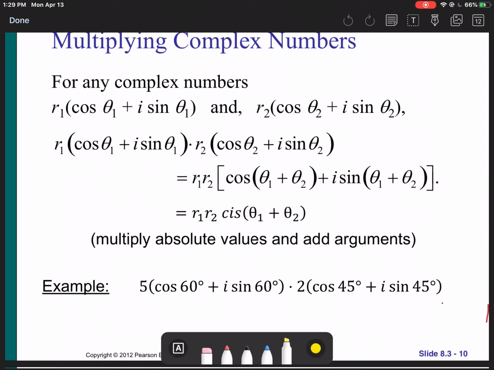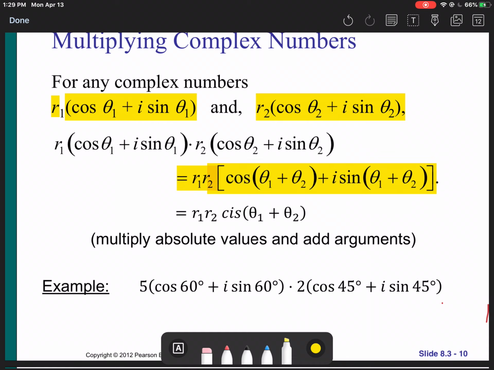Take complex number r1 cosine theta 1 plus i sine theta 1, and a second complex number r2 cosine theta 2 plus i sine theta 2, and we multiply those two together. Here's our formula. We simply multiply the r values, and then we take the sum of the angles, or the arguments, as we call them.